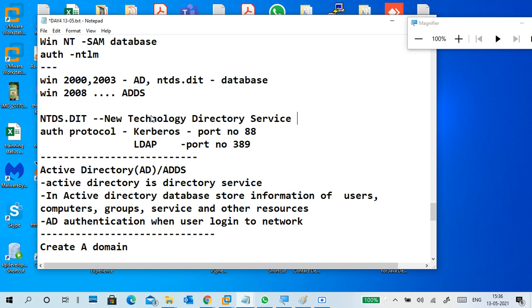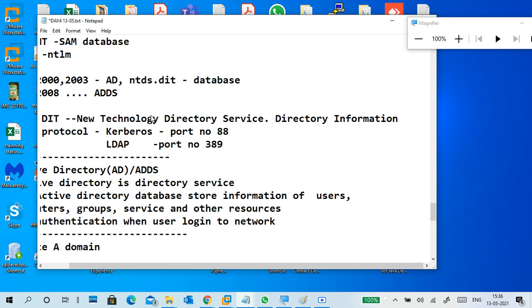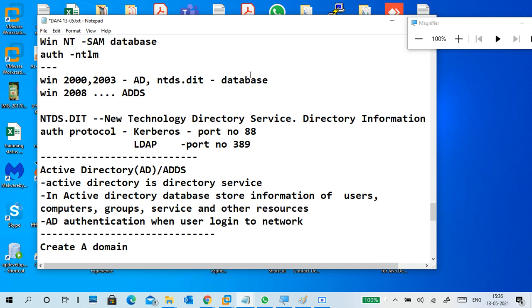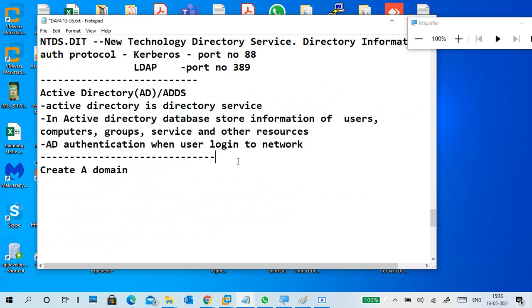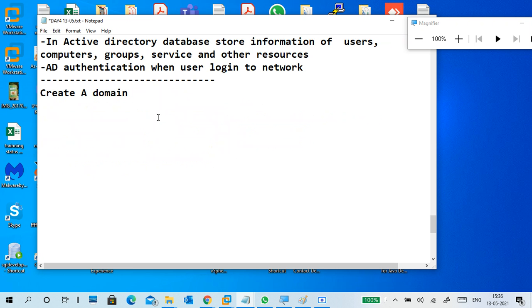New Technology Directory Service Directory Information Tree. This is ntds.dit. Authentication protocol Kerberos. Any point I'm missing? That's enough.